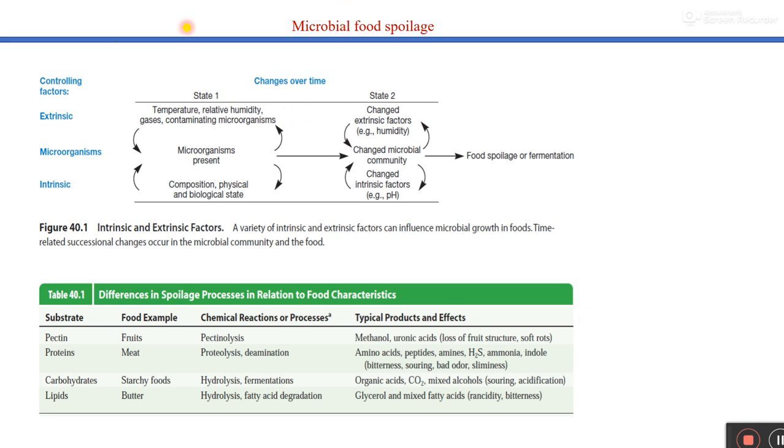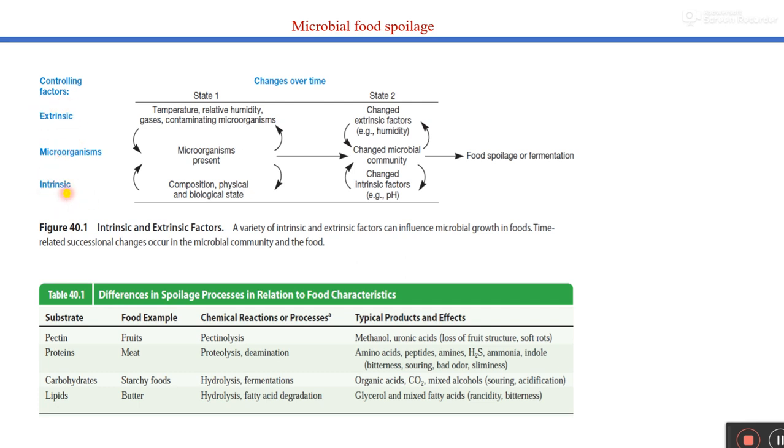Spoilage of food generally takes place by two kinds of factors. First is the intrinsic factor of the food, and second is the extrinsic factor of the food.